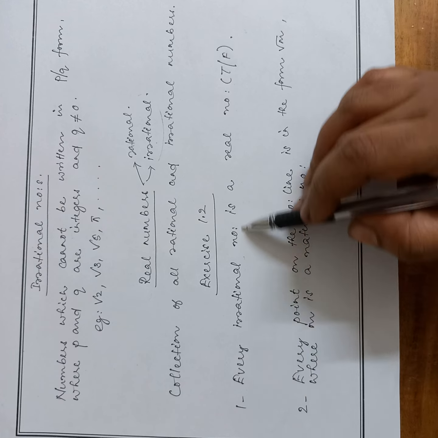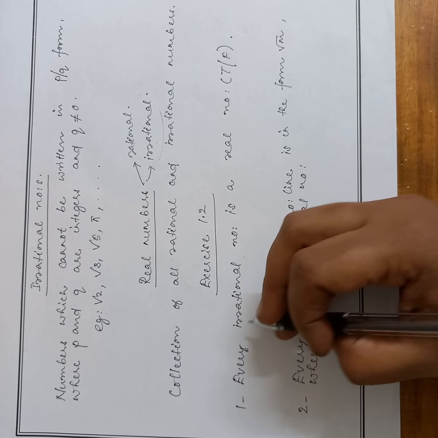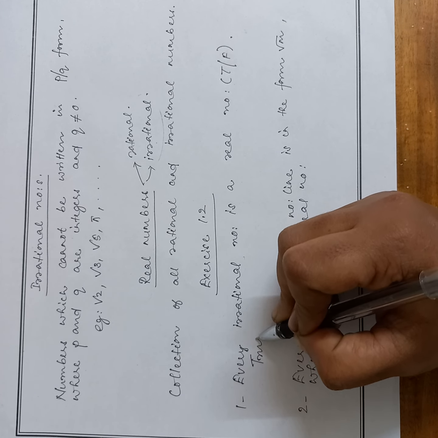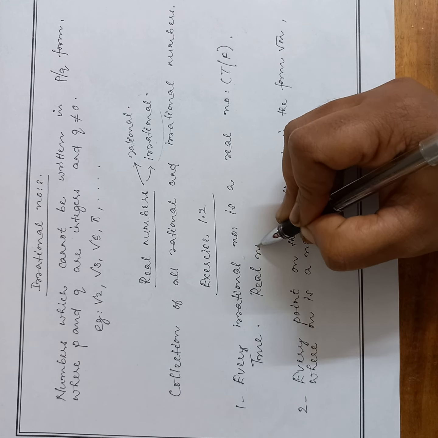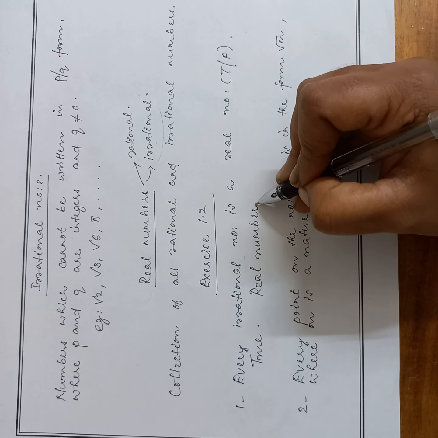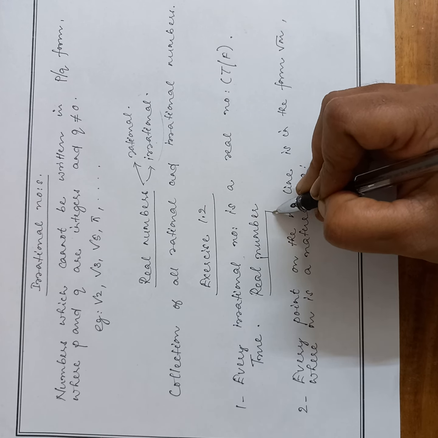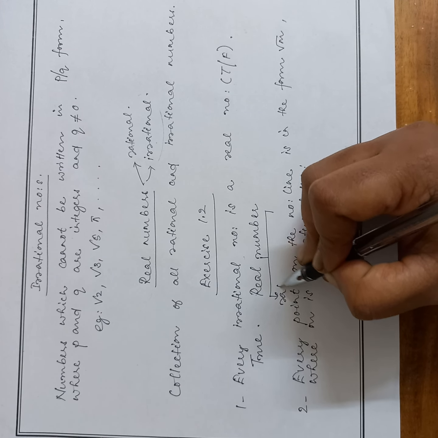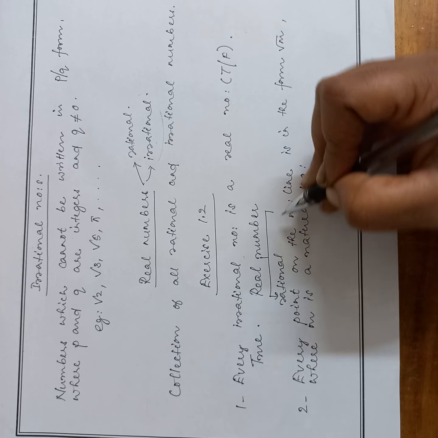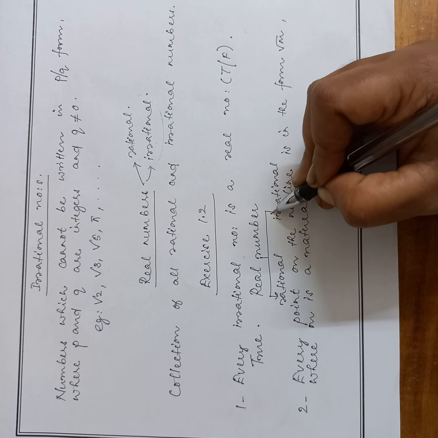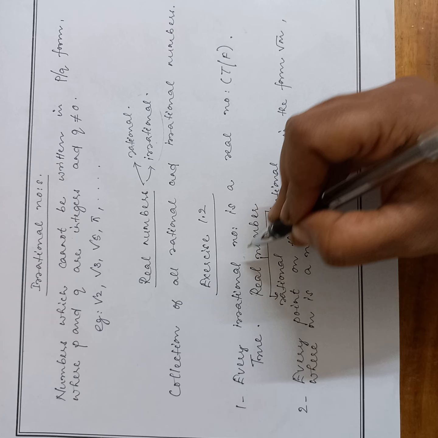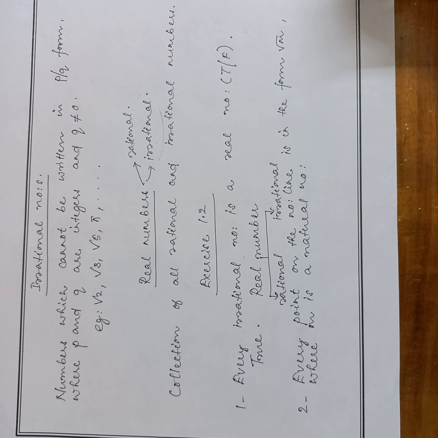It is a correct statement because the real numbers consist of both the rational numbers and irrational numbers. So we can say that all irrational numbers are real numbers.